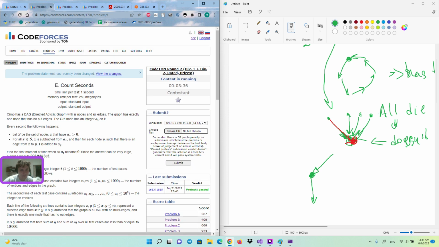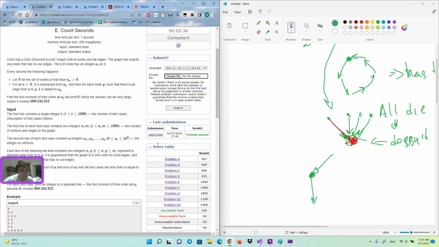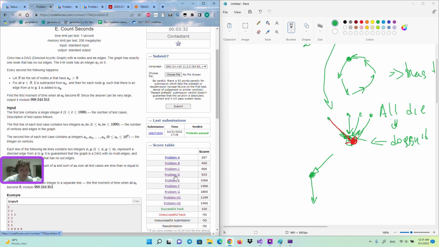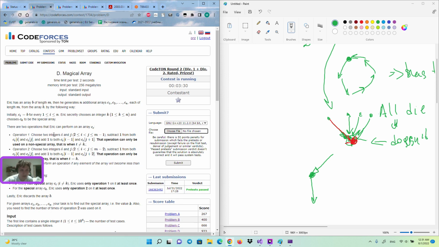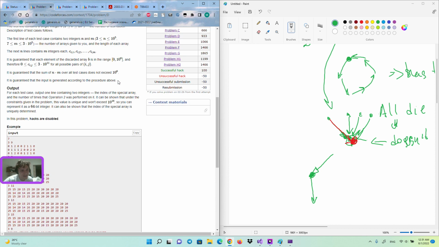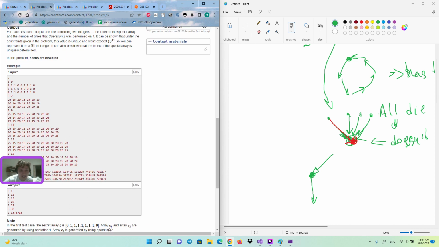For example, problem D. What is happening here? Just some operations with special arrays, non-special arrays. There are a lot of arrays, and you look at this and you think, what?